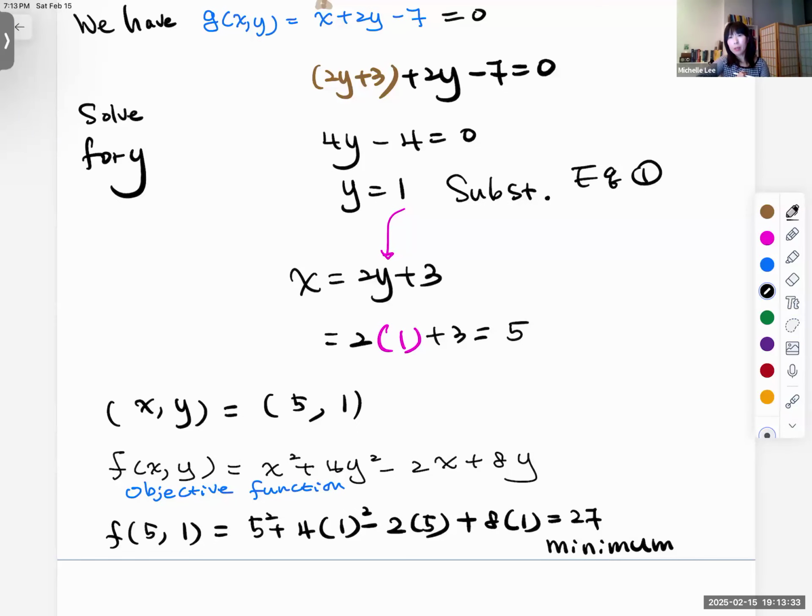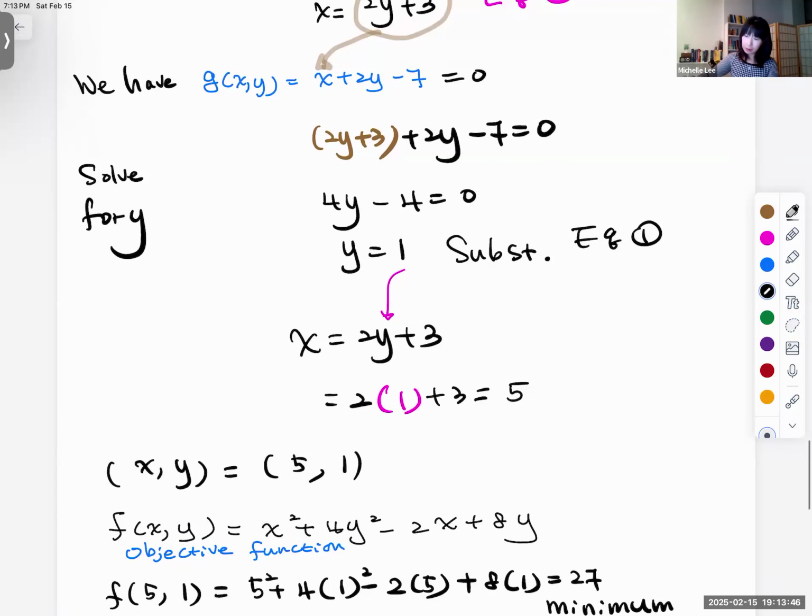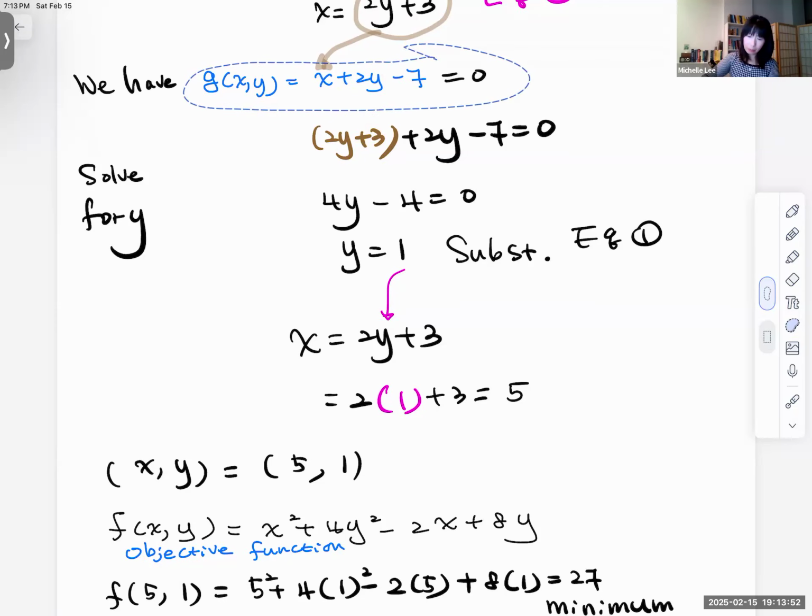All right. Okay, but then let's ensure that that is the minimum value. So let's use the constraint function. So we have this constraint, right? Equal to 0.